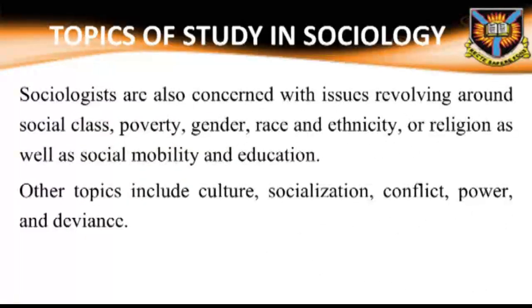Sociologists are also concerned with issues revolving around social class, poverty, gender, race and ethnicity, or religion, as well as social mobility and education. All topics include culture, socialization, conflict, power, and deviance.